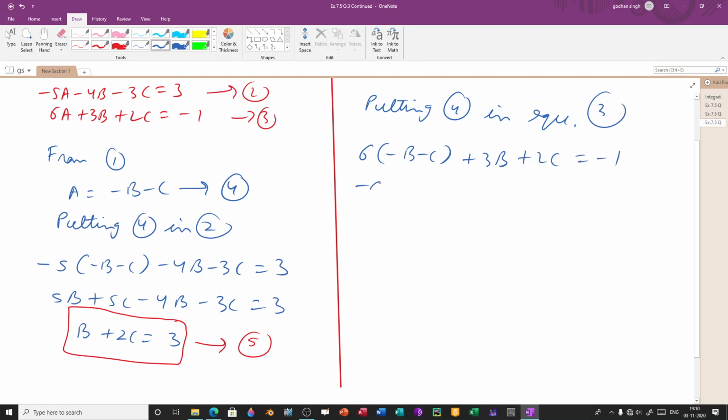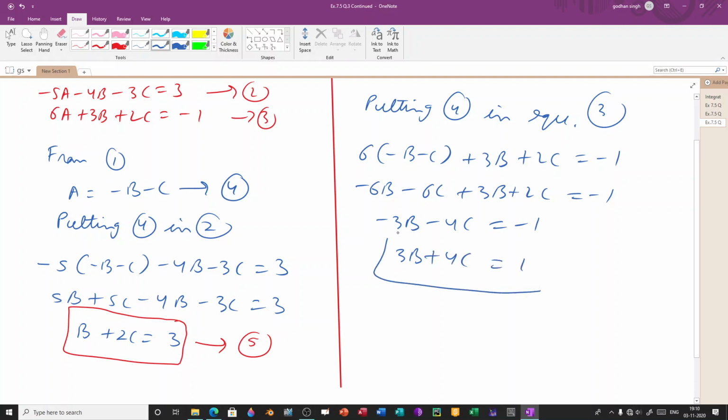So this will become minus 6b minus 6c plus 3b plus 2c equal to minus 1. Adding the like terms, minus 6b plus 3b, that is minus 3b, minus 6c plus 2c, that is minus 4c, equal to minus 1, and this will give us 3b plus 4c equal to 1, and let this be equation number 6.